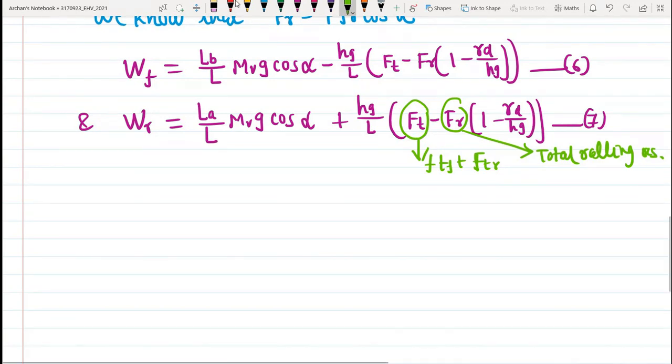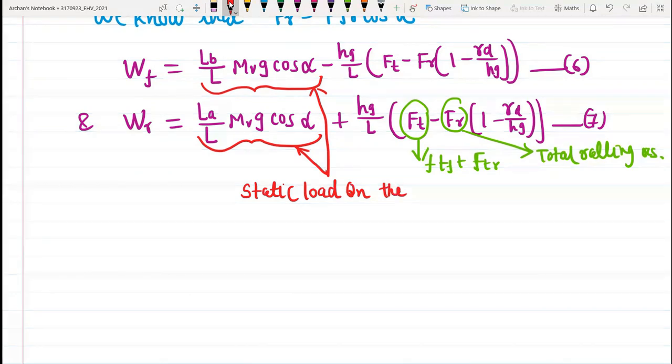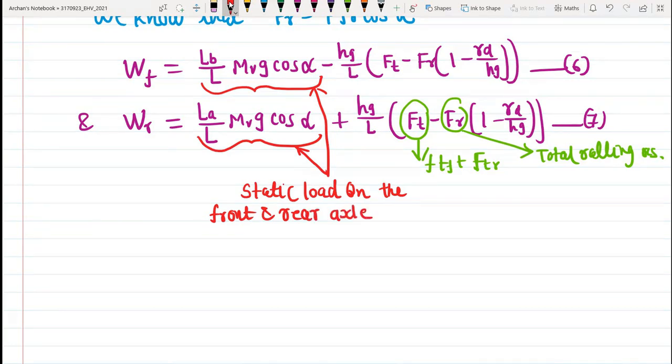So the first term of equation 6 and the first term of equation 7 are the static load on the front and rear axle when my vehicle is at rest on level ground.